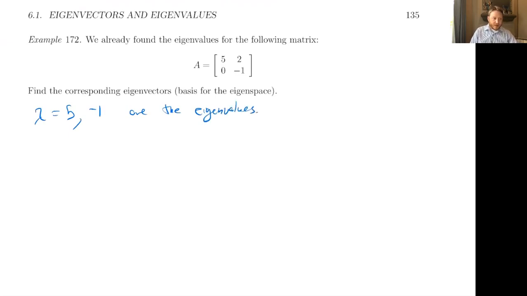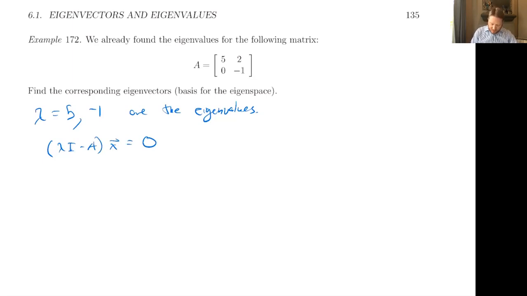Those are the eigenvalues. So what we need to do is plug those back into lambda I minus A, and we need to find the vectors that satisfy this linear equation.